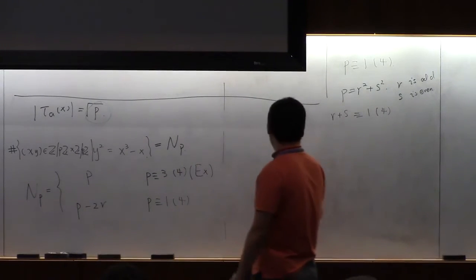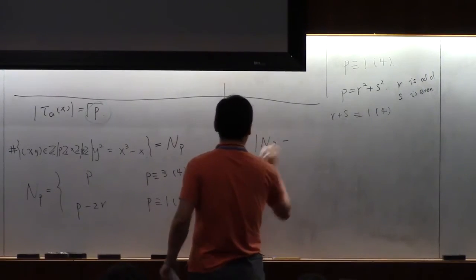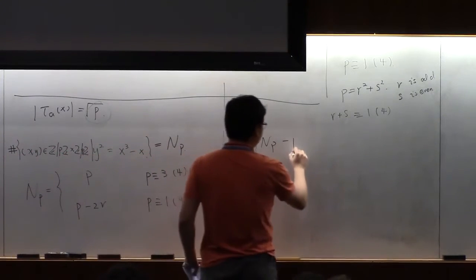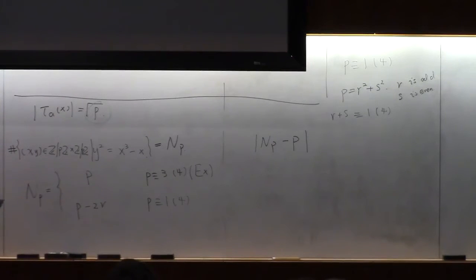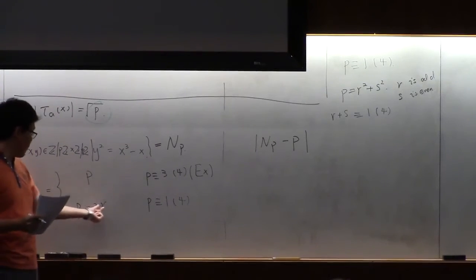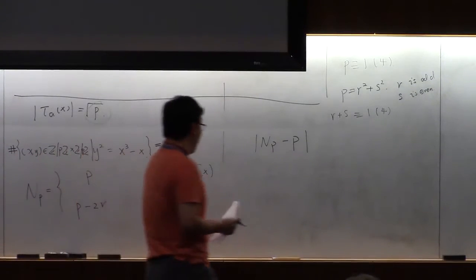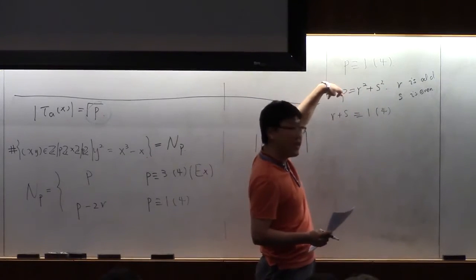What we really care about is the difference of this number of solutions with the prime p. In the first case, the difference is just 0. In the second case, the difference is 2r. But here, r squared plus s squared is equal to p.